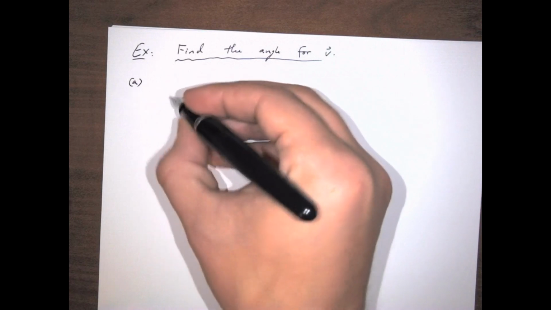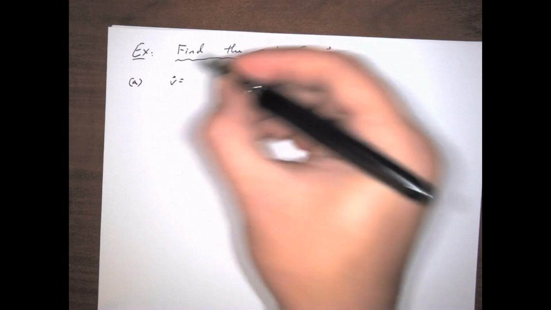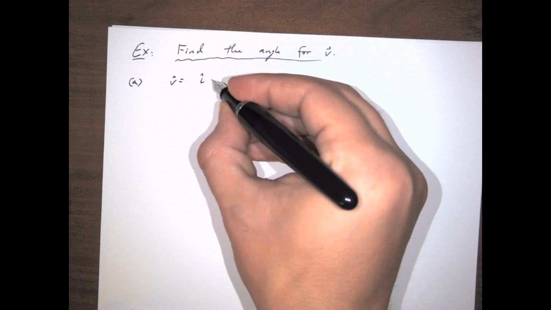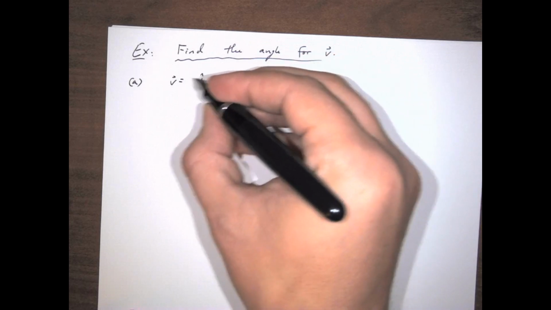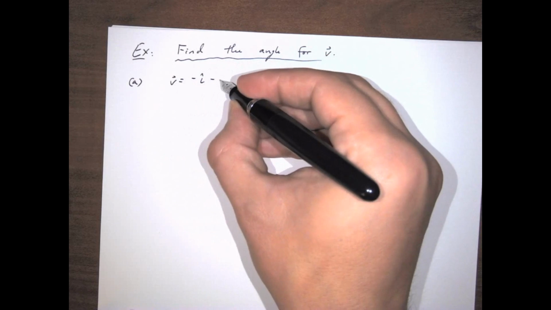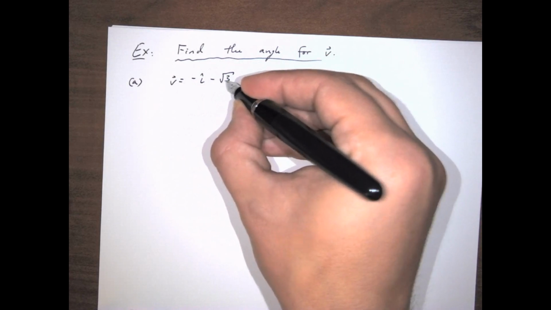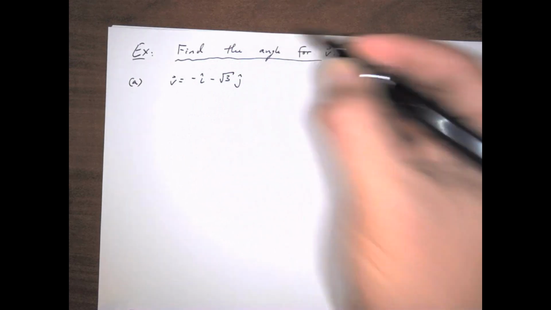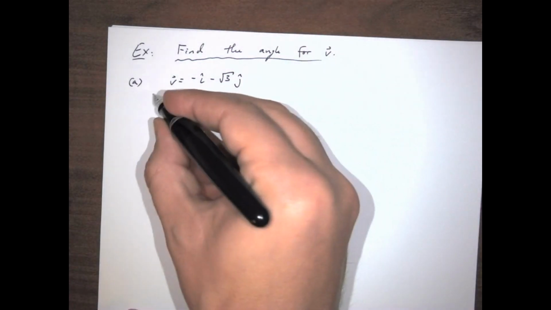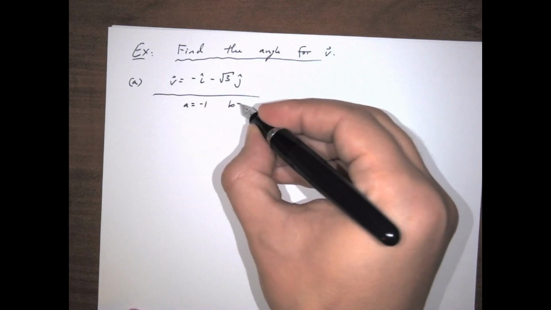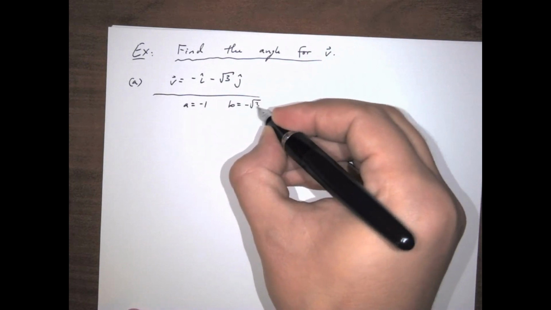All right, so V here we'll start with, let's make it actually negative i minus square root of 3 j. All right. That means a equals -1, b equals negative root 3.